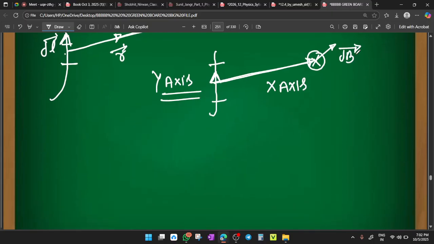So what is the direction of dB vector? The direction of dB vector is perpendicular to the plane of dl vector and r vector.